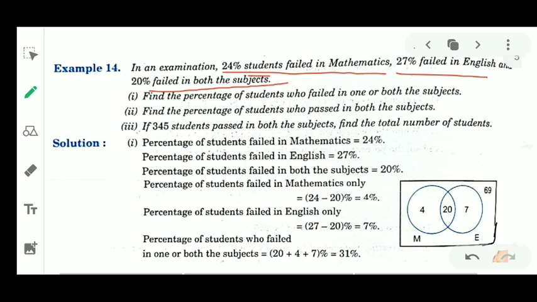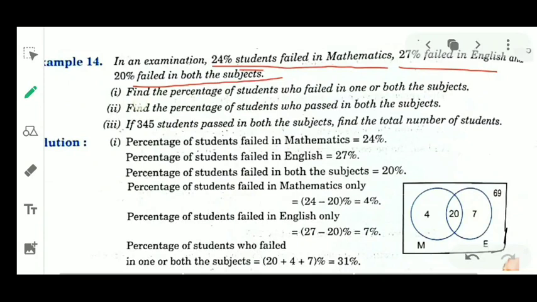Now the question is, find the percentage of students who failed in one or both the subjects. Second, find the percentage of students who passed in both the subjects. And last, if 345 students passed in both the subjects, then find the total number of students.